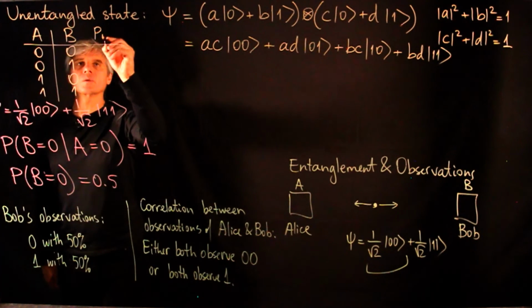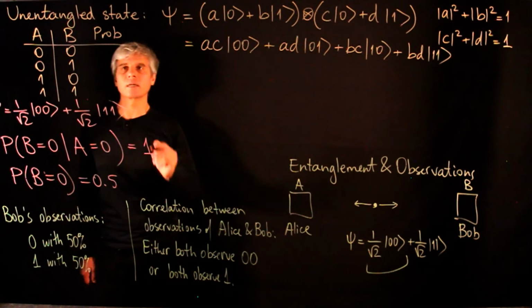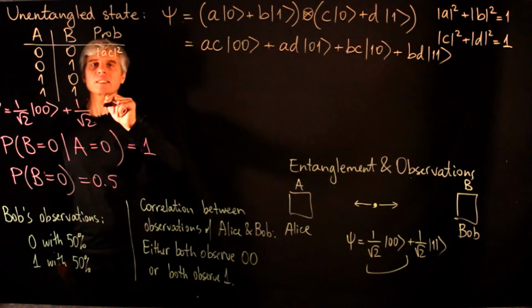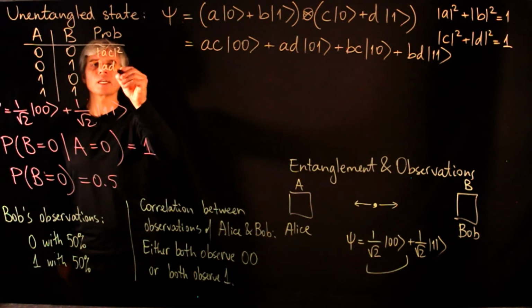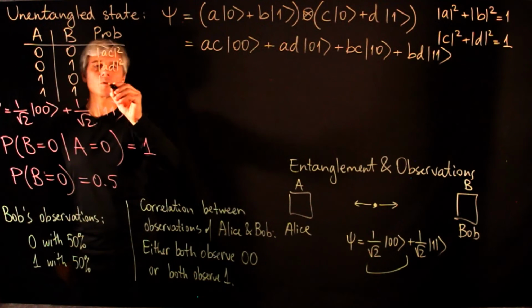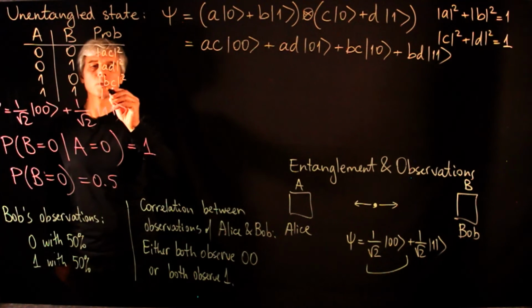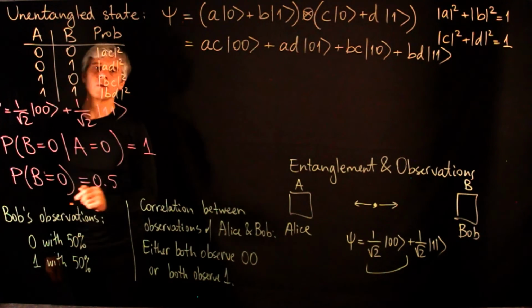And so the probability of observing this outcome is norm of AC squared. For 01, this will be norm of AD squared, norm of BC squared, and for 11, this will be norm of BD squared. So these are the probabilities of each outcome.